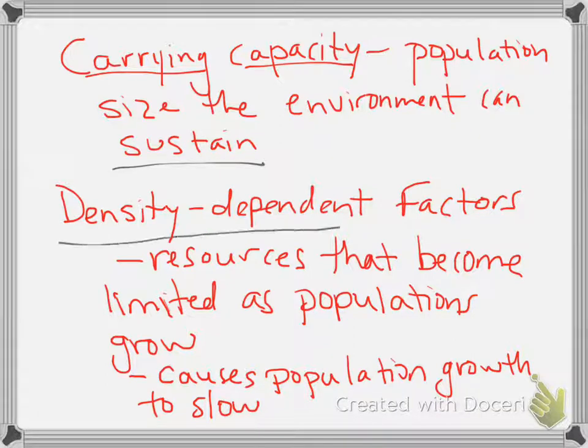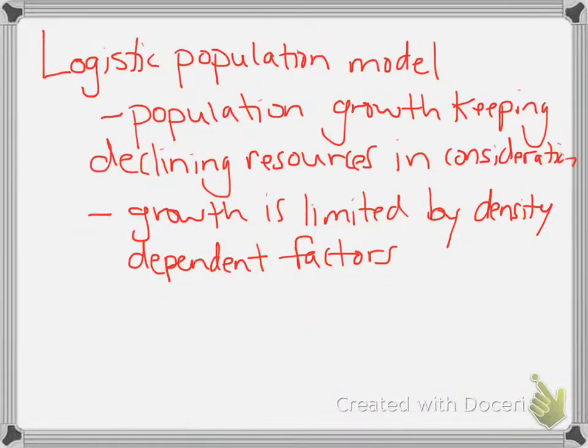We have what we call density-dependent factors, and these are resources become limited as the population grows because there are more individuals and the resources are being used. So as the density increases, these resources start to decrease. And what happens is, after a certain amount of time, it will cause the population to slow down in its growth pattern.